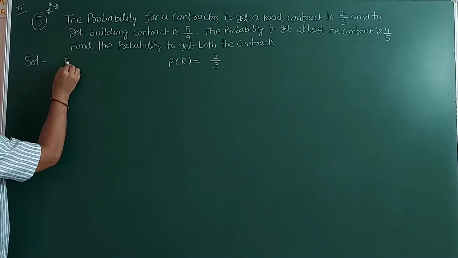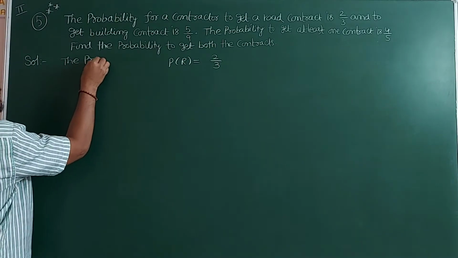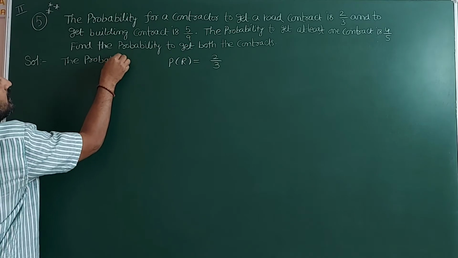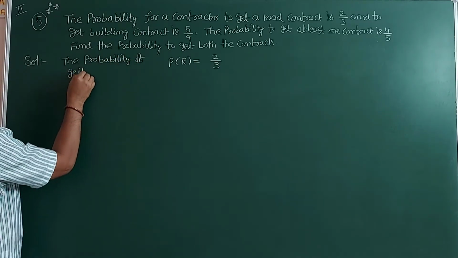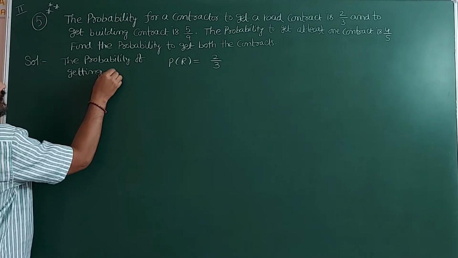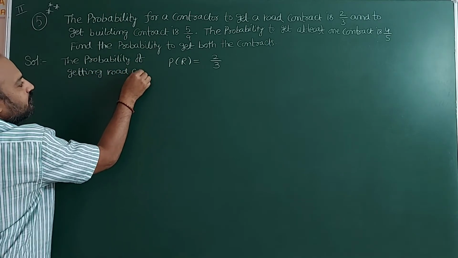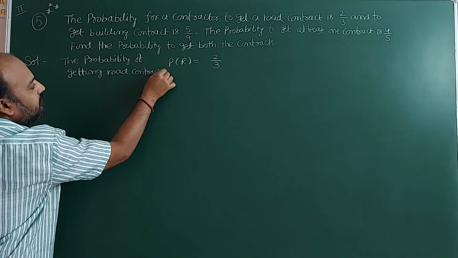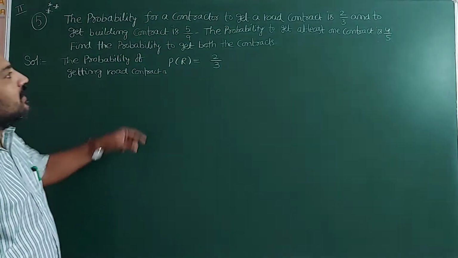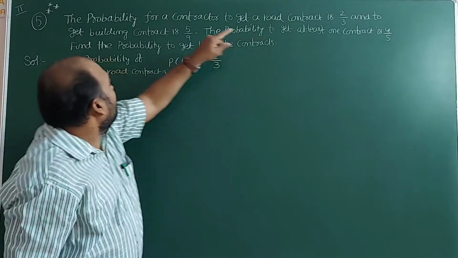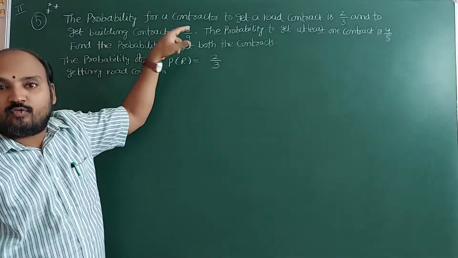So the probability of getting a road contract is P of R. Similarly, the probability of getting a building contract is 5 by 9.